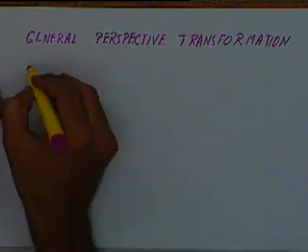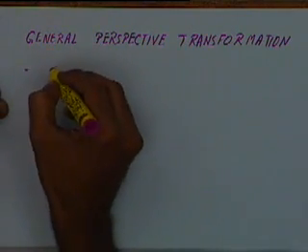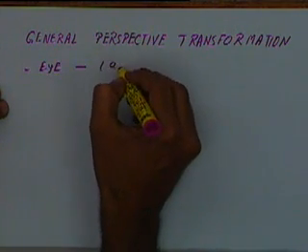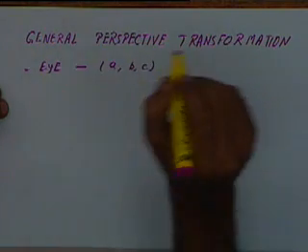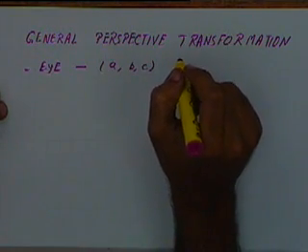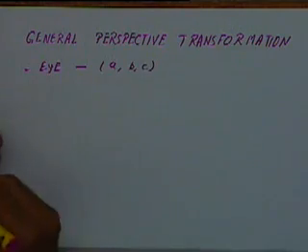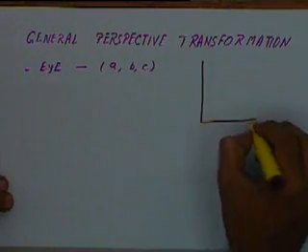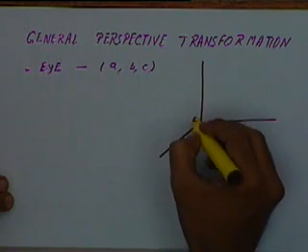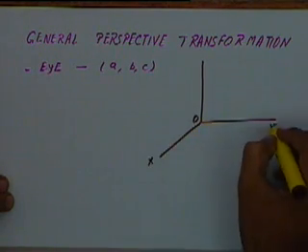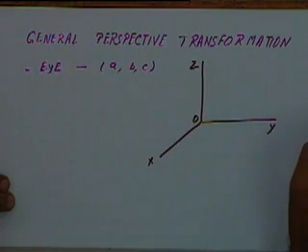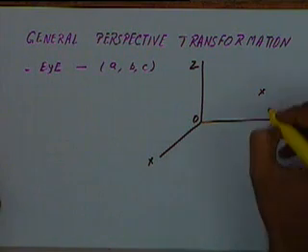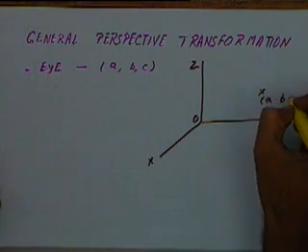In this case, we say that the eye is at any arbitrary point A, B, C. So if I draw this, this is my origin. So my eye is located at any arbitrary location, which is given by the point A, B, C.